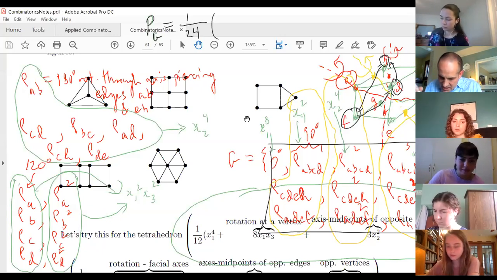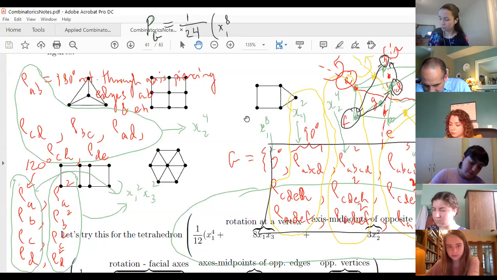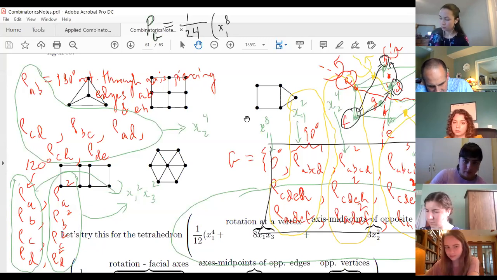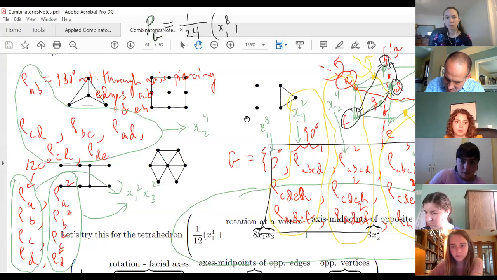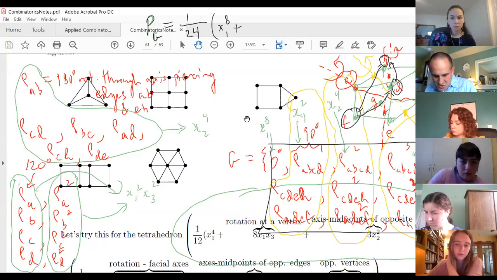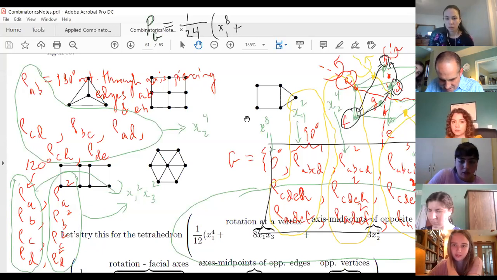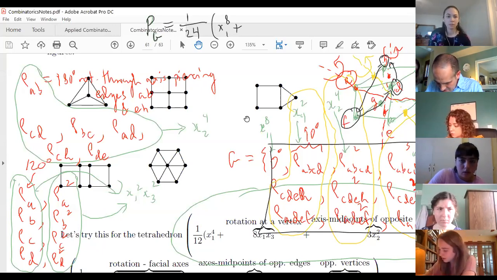And of course, I have x1 to the 8th. Okay. How many x4 squareds did I have? Can someone help me here? How many x4 squareds were there? There's 6. Were there 6 x4 squareds?